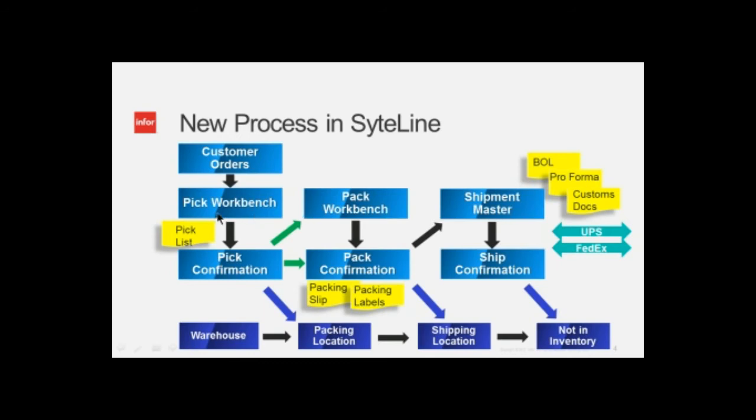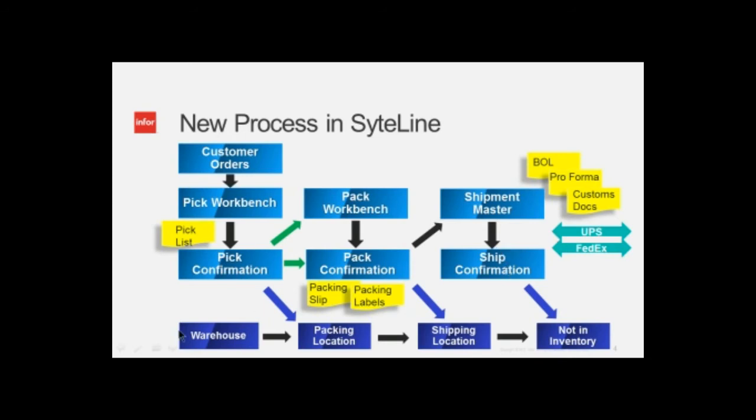So I can go through a pick workbench, I can pick confirm that, I can go to a packing workbench, pack confirm that, where I'm generating my packages, my packing slip, packing labels, all that information, and then go to what we call the Shipment Master, where I can generate all my forms, my bill of lading, customs documentation, pro forma invoices, all of those types of things, and then my FedEx and UPS integration, and then do a ship confirm.